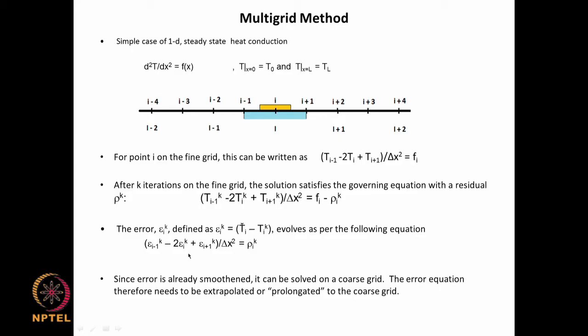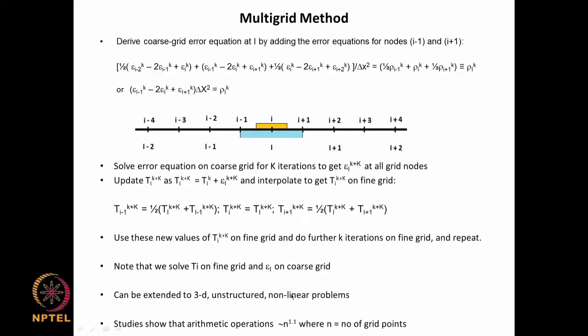If we can extend it, extrapolate it in such a way that we have epsilon capital I, epsilon capital I minus 1, epsilon capital I plus 1, that will be like solving the error equation on the coarse grid. So, how do we extrapolate this onto the coarse grid? That process of extrapolation is known as prolongation in the multigrid literature.